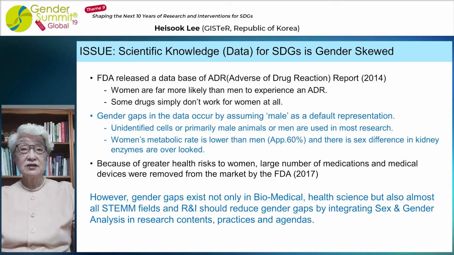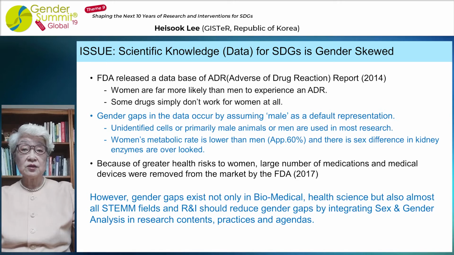When applying a gender lens to SDGs, the critical issue was discovered that much scientific knowledge and data are gender skewed. Let's take a look at some examples. In 2014, the FDA in the US released a database of adverse drug reaction reports, in which women are far more likely than men to experience an adverse drug reaction, and some drugs simply don't work for women at all.